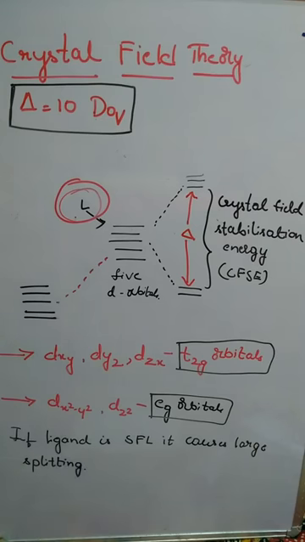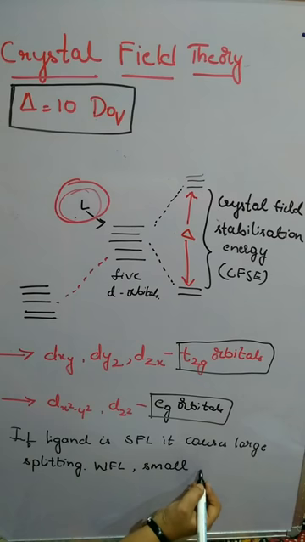And if it is a weak field ligand, then a small amount of splitting will be there. The degree of splitting will be smaller. So we'll write it that way, degree of splitting.